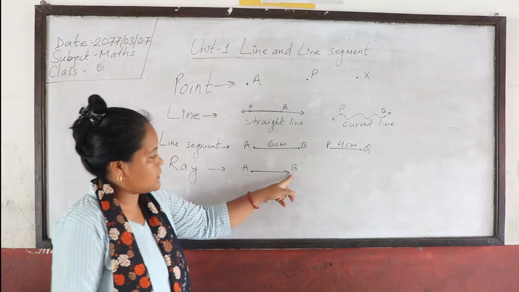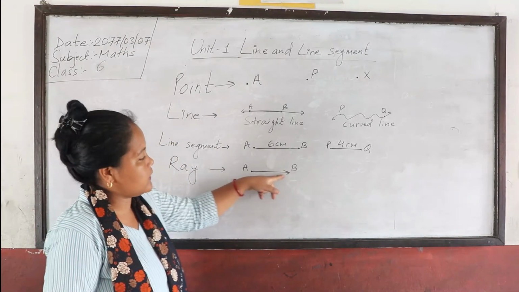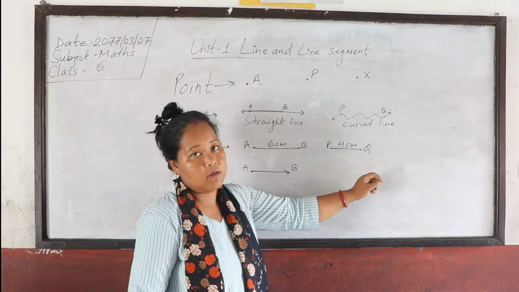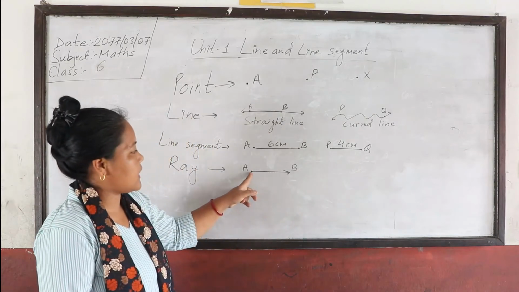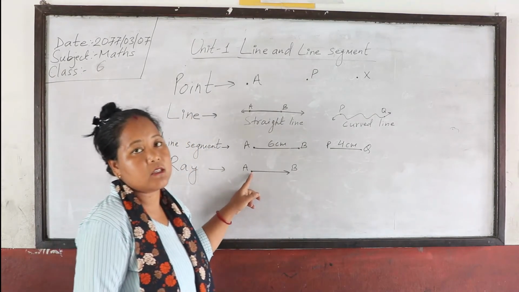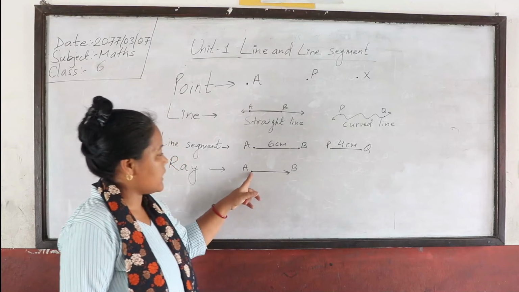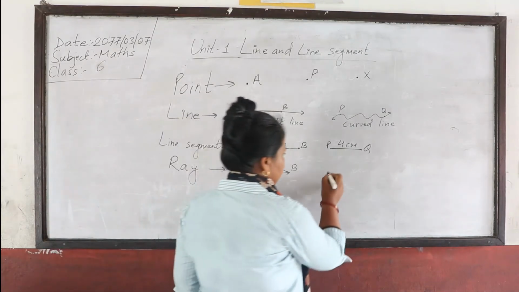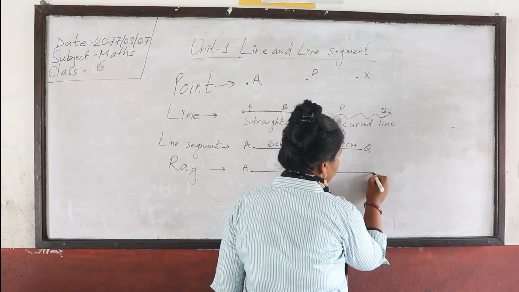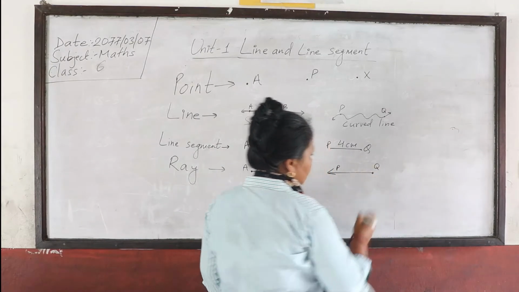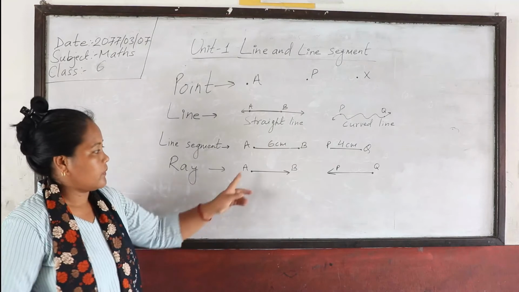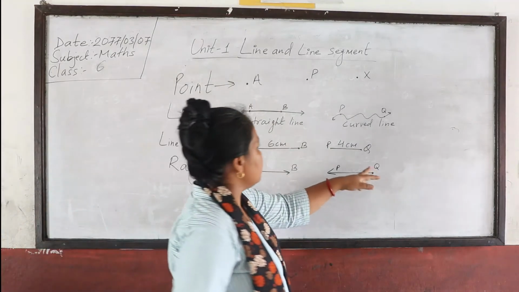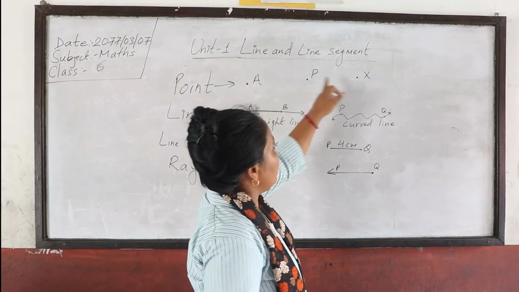In the other direction it is closed, it has an endpoint. This is called a ray. This is ray AB. This is ray PQ. These are points.